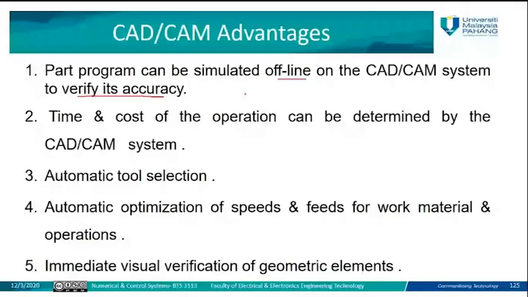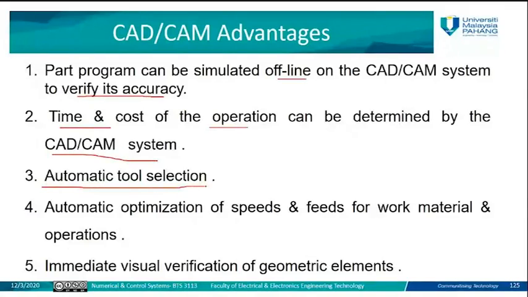So when you use CAD/CAM systems, you can check how accurate your design is, how efficient it is, how cost effective it is, just before production, because you are going to see how much material you need to use and what the cost of this material is. All this can be done using the CAD/CAM software. So the time and the cost of the operation can also be determined by the CAD/CAM systems.